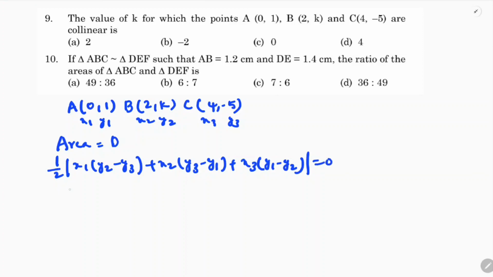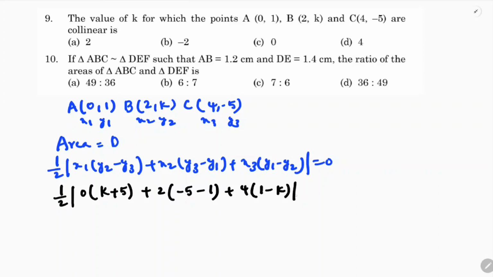If we substitute the values, x1 is 0, then x2 is 2, y3 is minus 5, minus y1 is 1, x3 is 4, y1 is 1, y2 is k, equals 0. So 2 times this, which is minus 6, is minus 12, plus 4 times (1 minus k), which is 4 minus 4k.